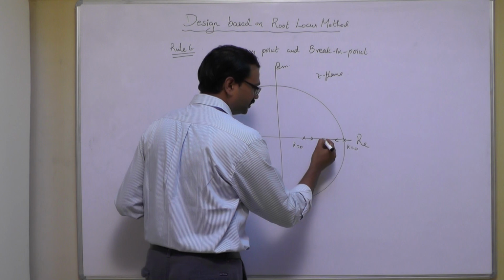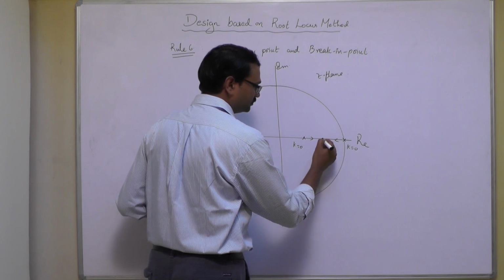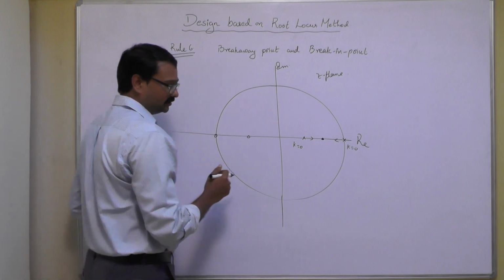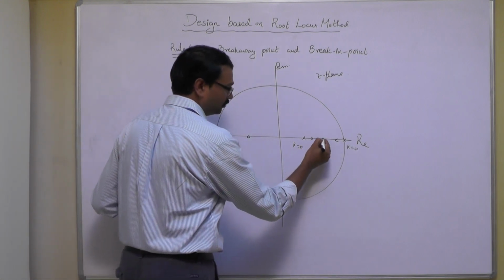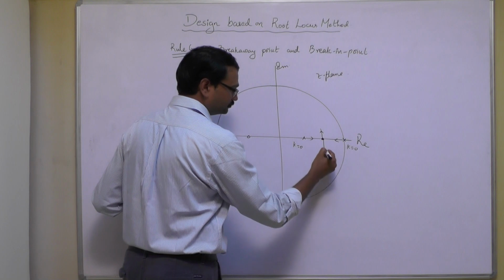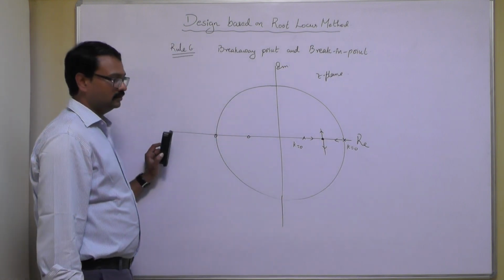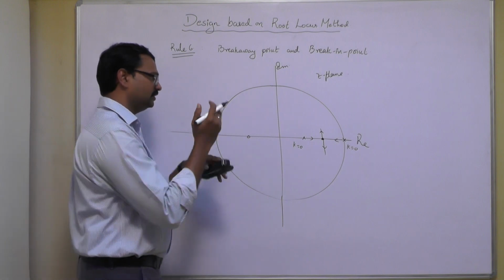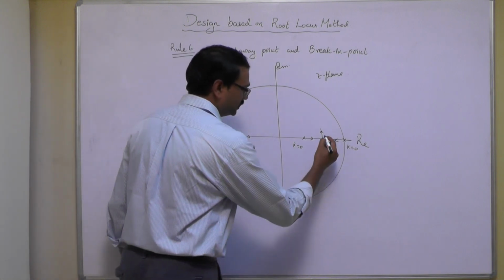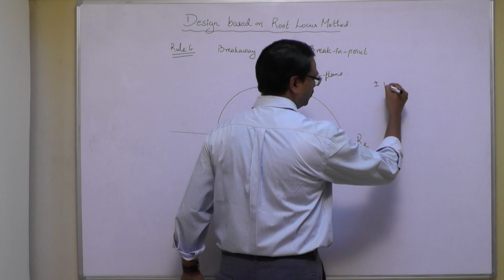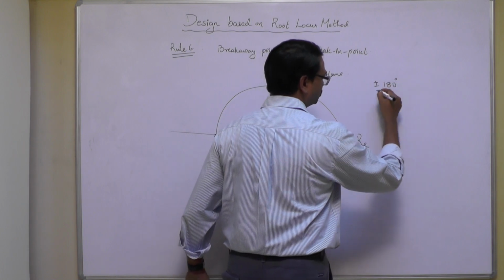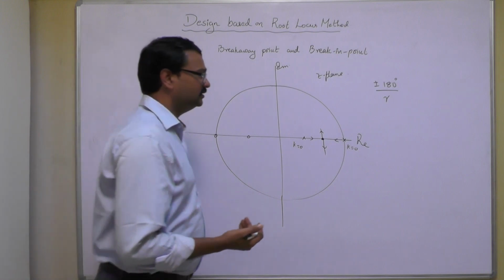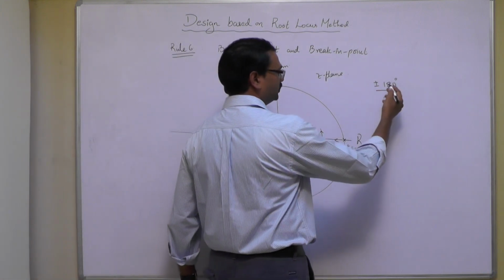And at some point of time they will try to meet each other, but their destination is to meet at 0. They cannot stop here. Therefore, what will they do? They will take a different route. Both will meet each other and they will turn their directions, and the angle with which they are breaking away or breaking in is determined by plus or minus 180 degrees by r.